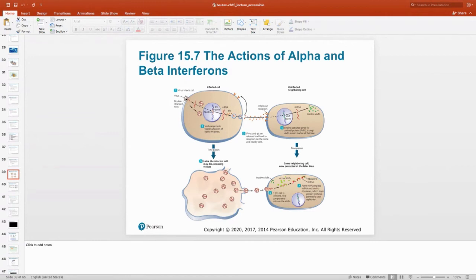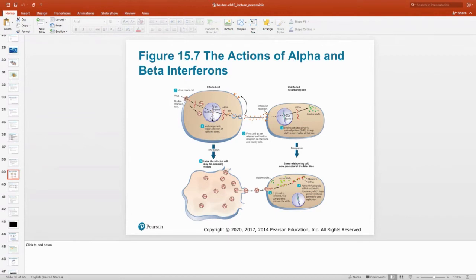The virus is going to infect the cell, and this is a double-stranded RNA virus. And you can see this is the RNA, and this is the protein coat. And the RNA goes into the nucleus, and the viral components then trigger the activation of something called type 1 interferon genes.